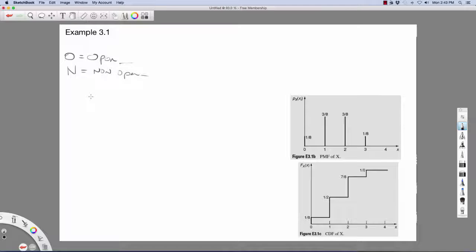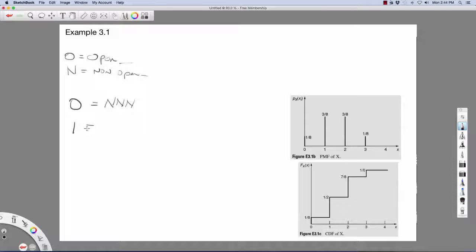I'm just going to jump ahead and group it into these categories, where 0 is the number of operational. We count up the number of operational bulldozers after 6 months, and there is the case where none of them are operational. This would be 0 operational, and there was only 1 single outcome like that.